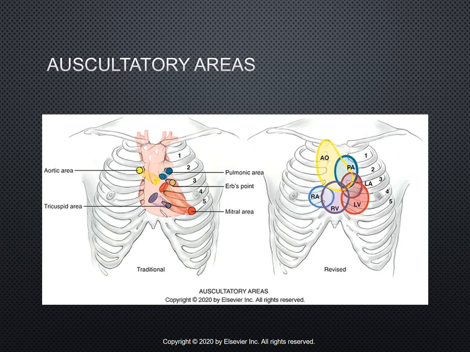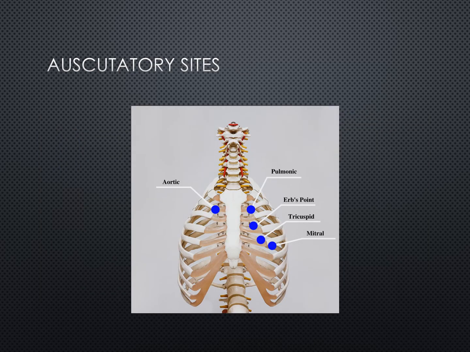So A, P, E, T, M. That's how I remember it. This I uploaded. I prefer this picture. It's a little bit clearer as to where you should be hearing all of these heart sounds, okay? A, aortic, P, E, T, M.